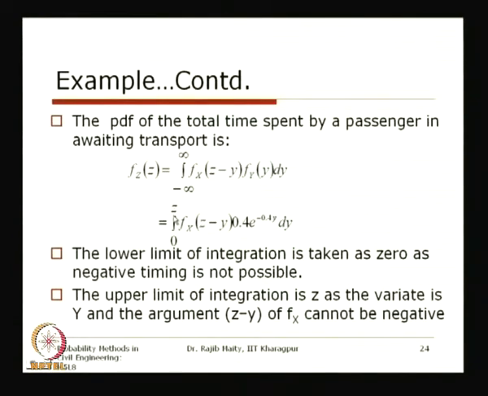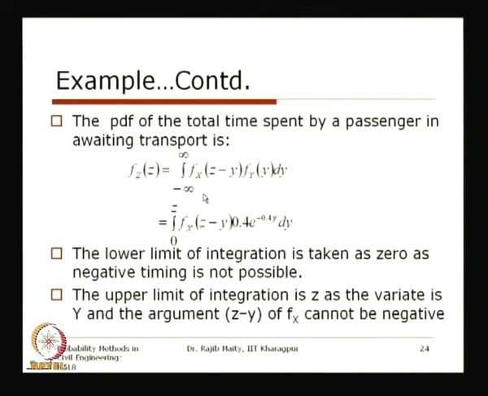Similarly, just as we have seen, if they are independent, then their joint will be the product of their individual marginals, that is fx and fy. So fx is now replaced by z minus y, and fy is y. Now we will put in the integration limits, as we are talking about the entire support of these random variables.